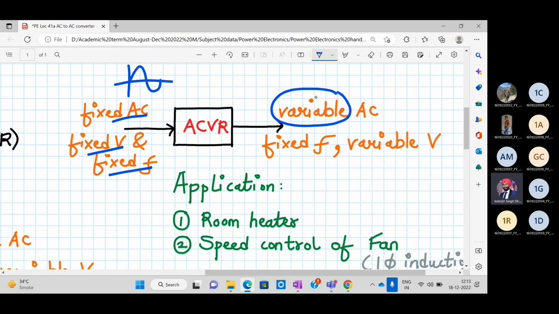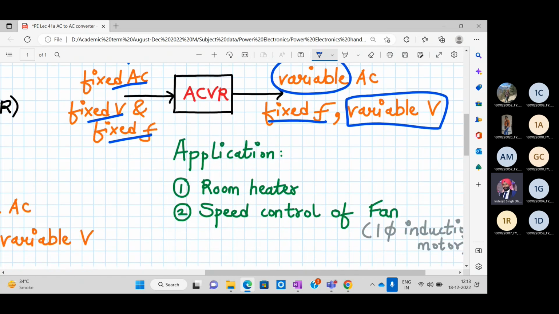Now, how will it be variable? Either you can vary amplitude or frequency. Here we keep frequency fixed, but we vary the amplitude of the output signal. Is that clear? So we vary the amplitude keeping the frequency fixed. That's why it's called an AC voltage controller. Input is AC, output is also AC, but it's a variable AC.